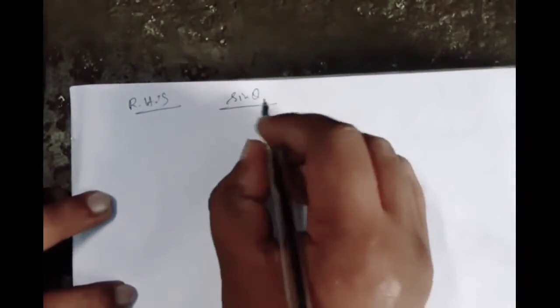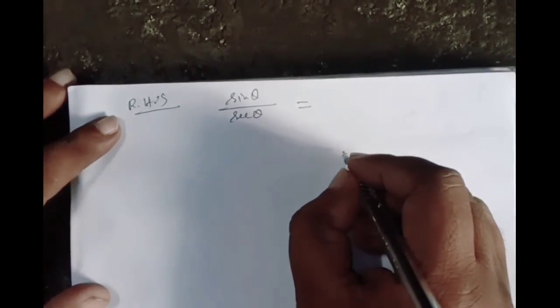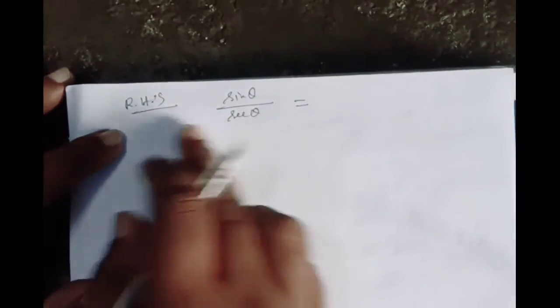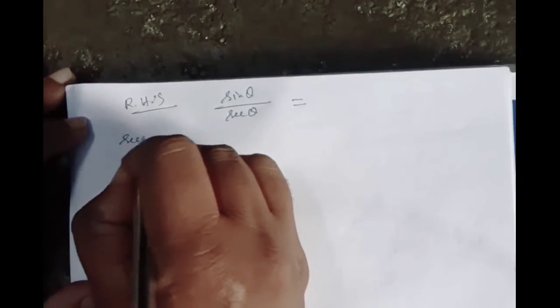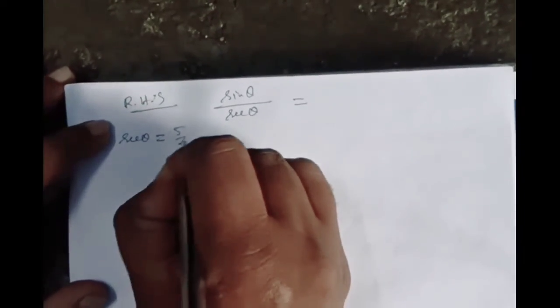RHS, sin theta by sec theta. Okay, now sin theta is given, sec theta is given. So sec theta is equal to 5 by 4.